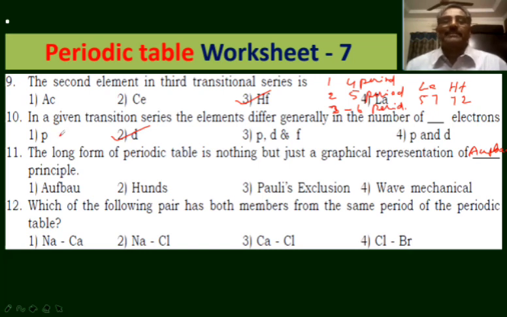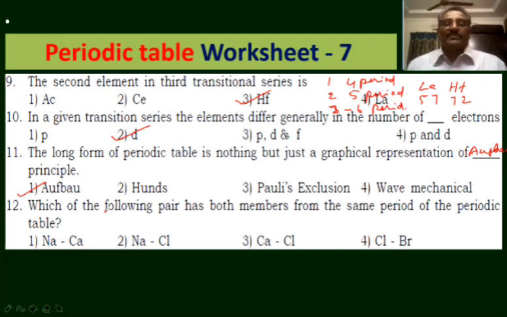In the periodic table also, the electrons are arranged in the increasing order of their energies in various orbitals, and those blocks are kept at different positions in the periodic table. So it reflects the Aufbau principle. So it can be considered as the graphical representation of the Aufbau principle. So the first option is the right option.